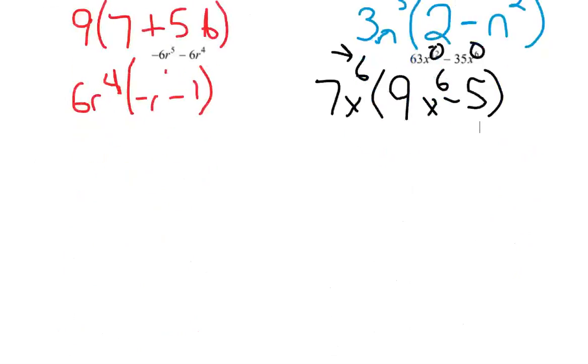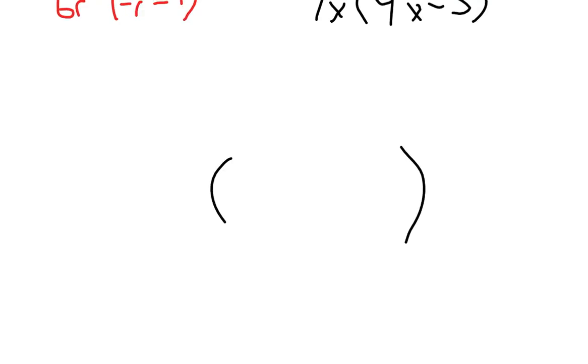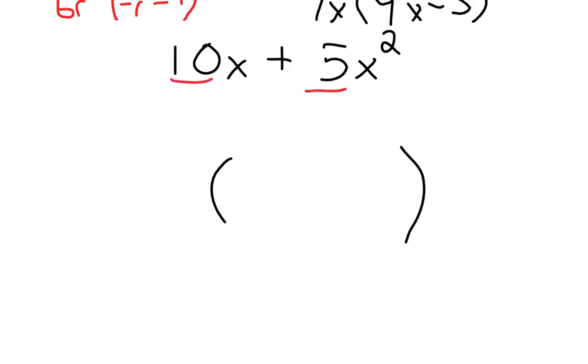So when we're looking at this, just our general rule, when we're factoring something, we take whatever we can factor. So let's say if we have 10x and 5x squared. We take whatever they have in common. So here, with my coefficients, my greatest common factor would be a 5.